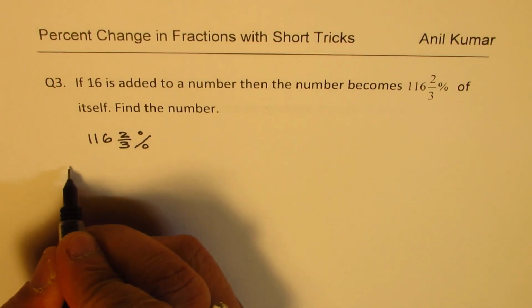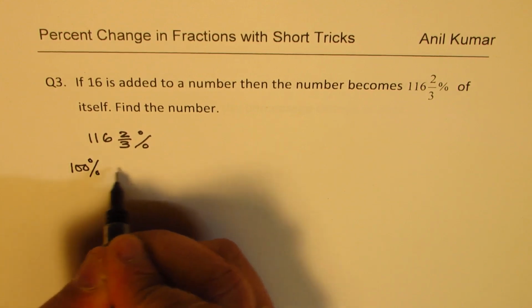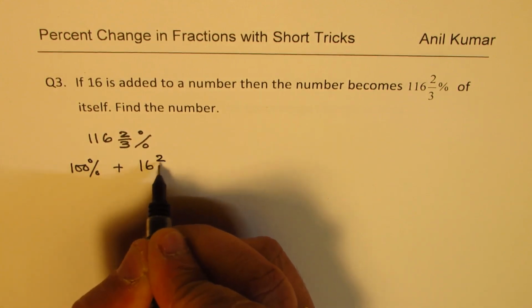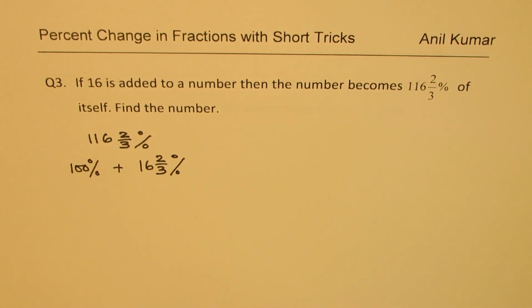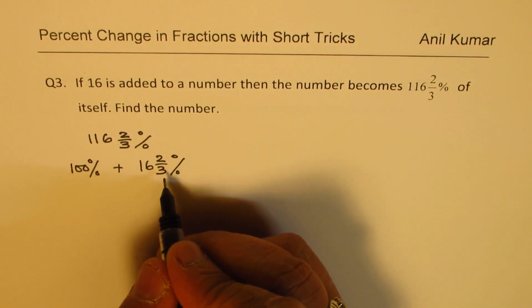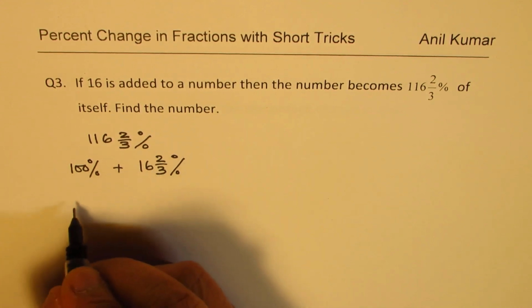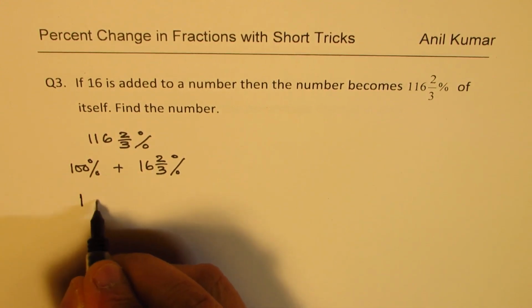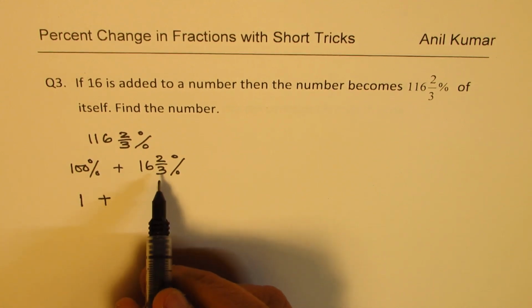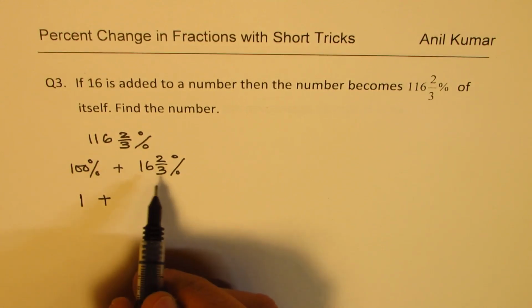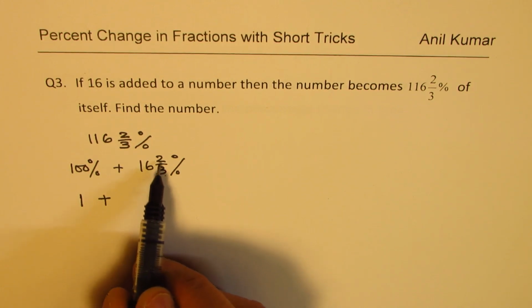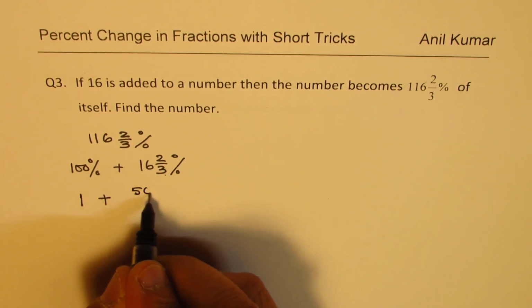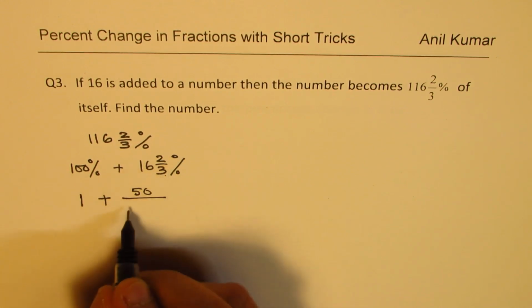Well, this is 100% plus 16 2 over 3%. Now what is 16 2 over 3%? Well, 16 2 over 3% is 1 over 6. You could convert like this: 16 times 3 is 48, plus 2 is 50. So we get 50 over 300.